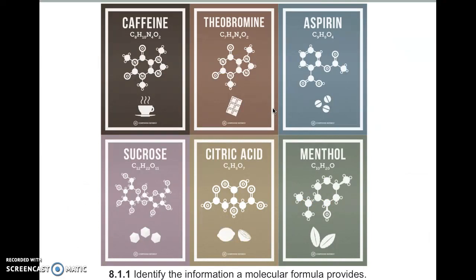Here are some more examples of molecules. A caffeine molecule has, again, how many of each atom? 8 carbons, and so on. Now, it's important to notice that these are all divisible by 2, but they're not reduced. Ionic compounds are reduced to their simplest form, but that's because they don't actually function as a unit.